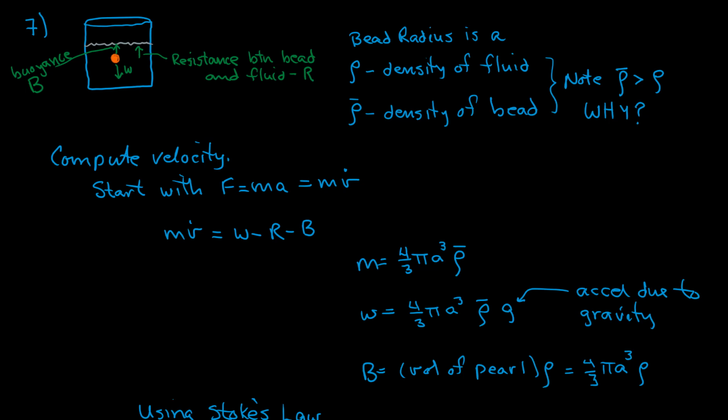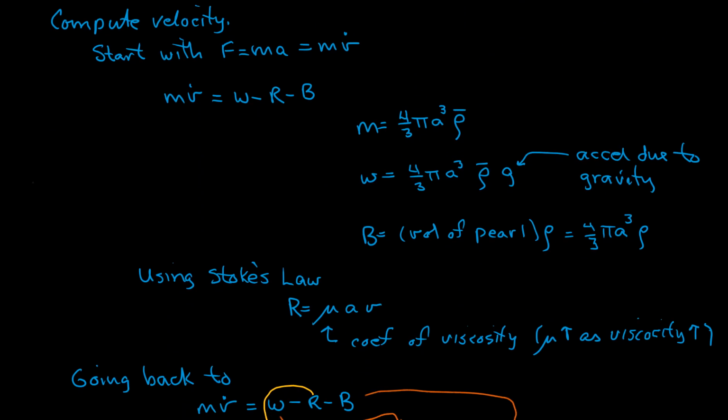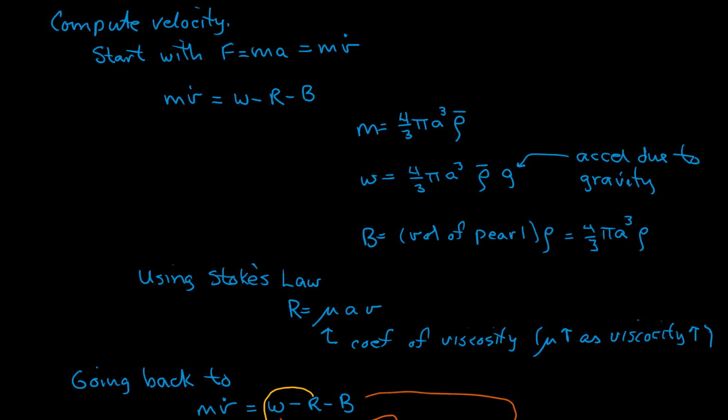Okay, so let's start with a basic formula. We're interested in how fast this thing is going to fall. Well, we start off with our good old equation, force equals mass times acceleration. Notice what I'm doing here. I'm rewriting my mass times acceleration as mass times v with a dot over it.